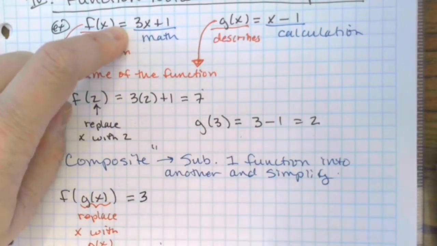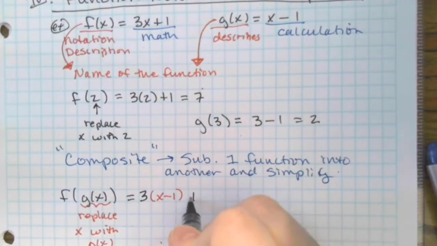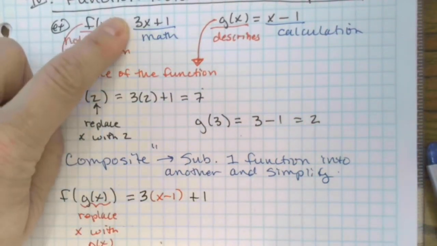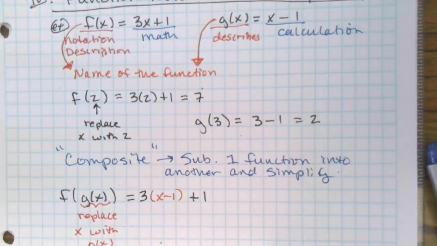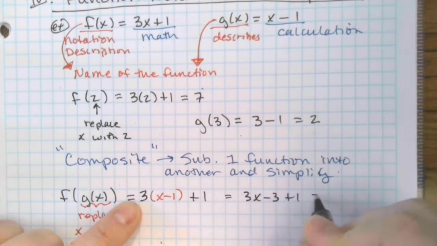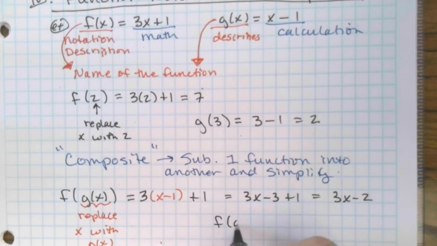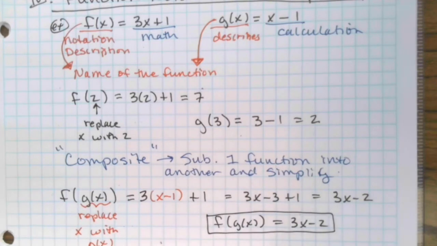So we're going to have 3, and instead of x, I'm going to put this whole function in it. x minus 1, and then plus 1. So it's this function with x replaced. And then usually you simplify. So distribute: 3x minus 3 plus 1 is 3x minus 2. So f of g of x is 3x minus 2 when you're done simplifying.